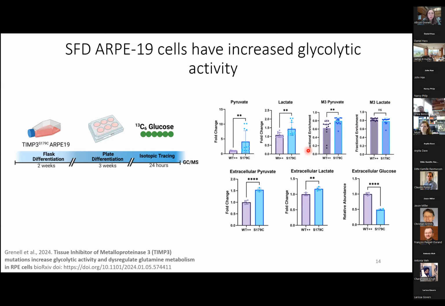I also looked at, after 24 hours, the extracellular metabolites that were still in the media, and specifically at extracellular pyruvate and lactate, which were both increased, suggesting increased production of these, and then extracellular glucose, which was decreased, suggesting increased utilization. So together, this suggests that there's increased glycolytic activity.